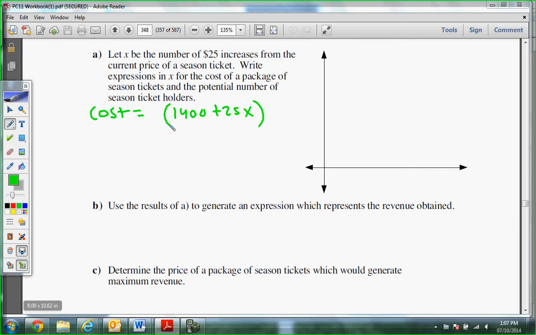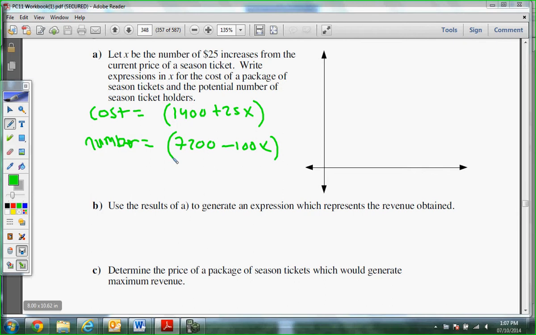The second thing is the number of people. How many people do we have? 7,200. And then how many people do we lose per x? 100. So it's 100x. That's how they're related. For every $25 I raise, I lose 100 people.